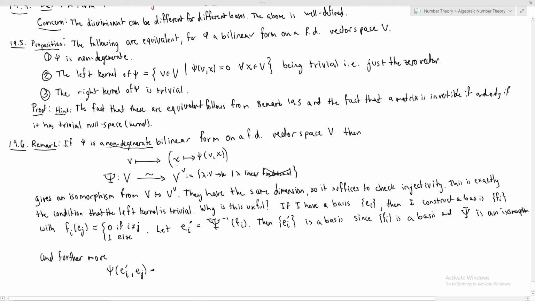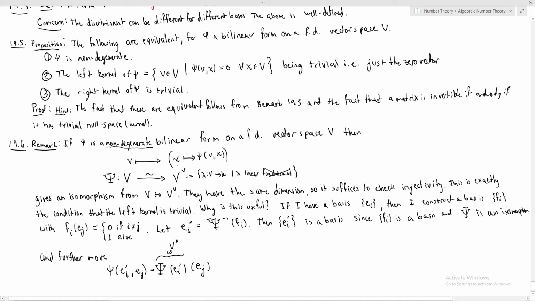Well, this is exactly the big isomorphism psi of e_i prime, thinking of this as a linear functional, evaluated at e_j.